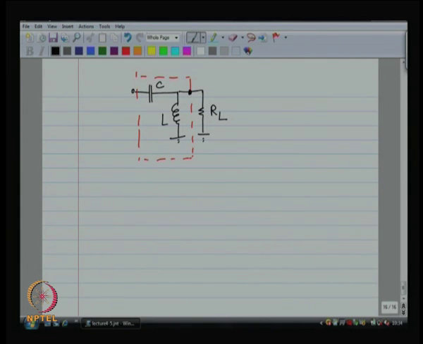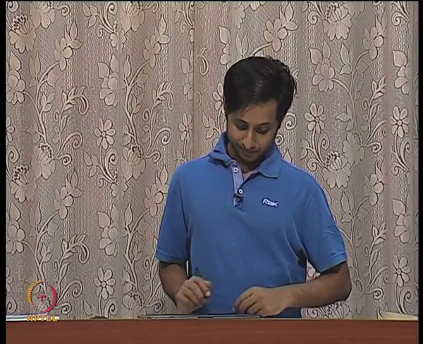I have got an inductor, I have put an inductor in parallel to the resistor and I have got a capacitor in series with that.